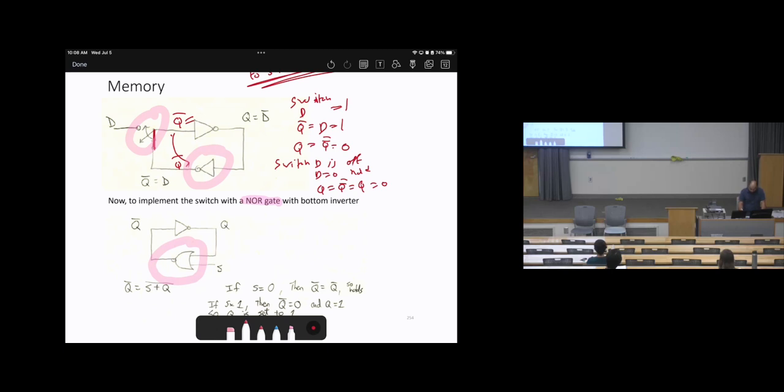In this scenario, Q bar is the NOR, which is S plus Q, using NOR. Therefore, if the switch status S equals 0, or the switch is off, then Q bar equals Q bar, which means hold, no change.